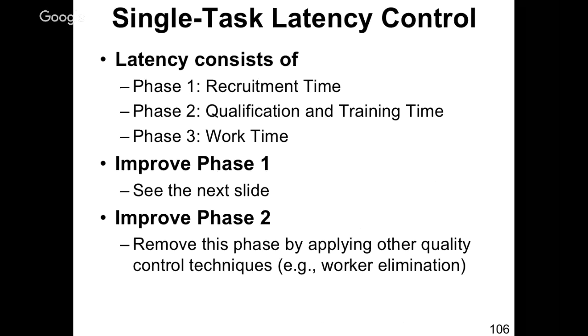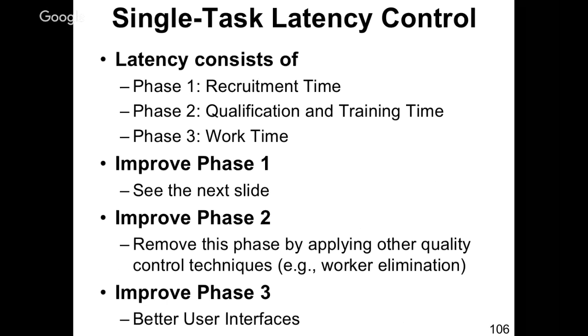So if you think this is a bottleneck, you can just let the worker do your job, and then figure out which worker is a bad worker later by applying some other quality control techniques. How can we improve the third phase, the work time? As I mentioned before, we can design a better user interface that can reduce their work time.